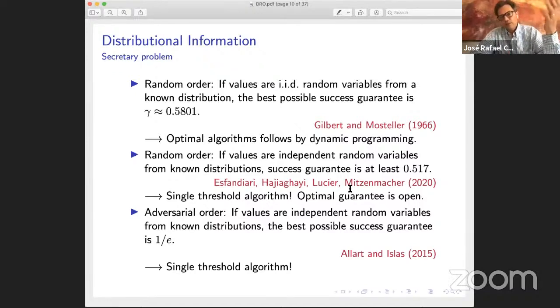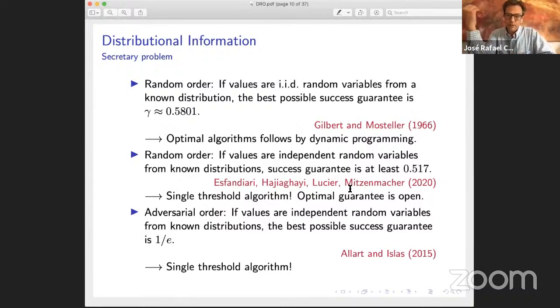Of course, when you have this, you can run a dynamic program. If I'm standing at the last value, I will pick it for sure, so long as it's the maximum so far. If I am in the previous to last, then given the value that I see, I can compute the probability that this guy is the maximum, and I take it or leave it depending on this. And then I can compute the optimal policy by dynamic programming very easily.